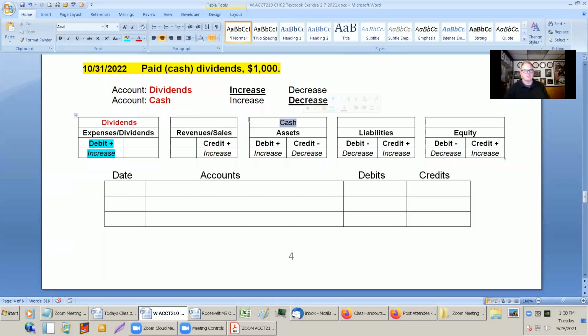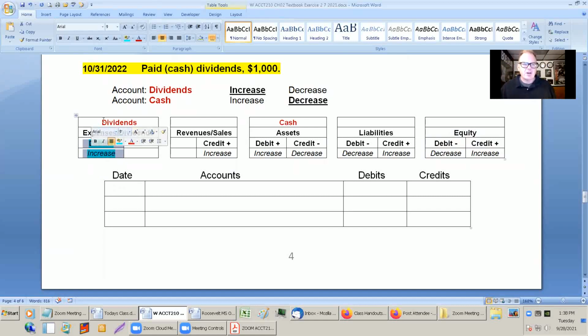Dividends are always debits. No matter which way you do it, they're debits. If you say they're a reduction of equity, it's a debit. If they say they're their own account that is going up, it's a debit. However you want to think about it theoretically doesn't matter too much because they're always going to be debits.